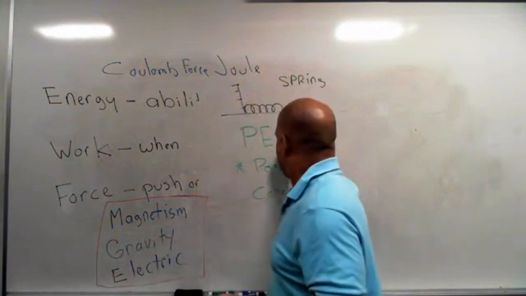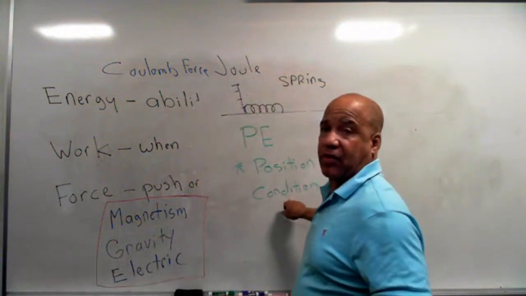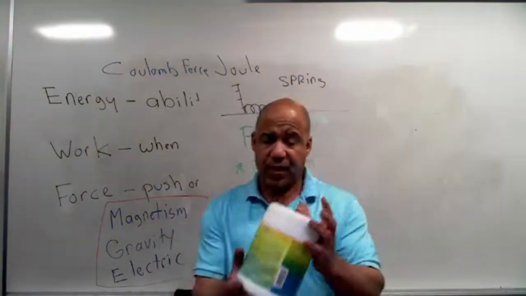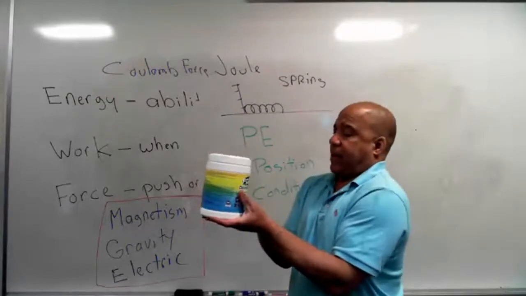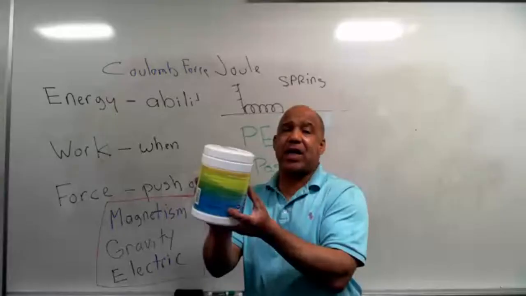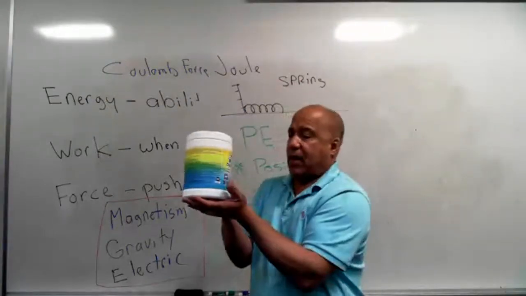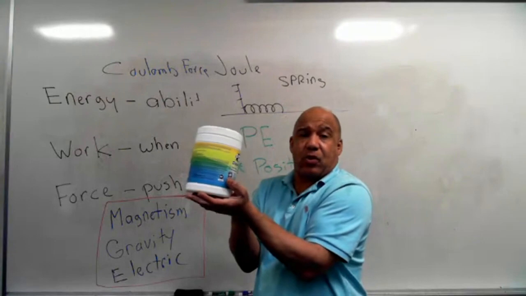Because Darren has a good point. I forgot about the condition part of the PE definition. But let me get to my point. Let me go back to this. So what I said was, if I have a mass, I can do work on the mass. I got to separate the mass of the object from the mass of the earth, which is my hand. So in order to separate the two masses, I got to do work.